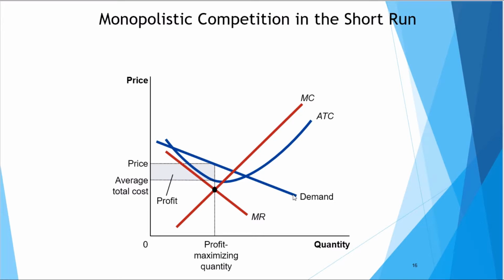Now, in our previous example of perfectly competitive market, the demand curve was the same as the marginal revenue curve, which is basically saying if you sell another unit, you're going to make $6. Sell one more, you're going to make another $6. But in this case, it's different. So if you sell another unit, you're going to make a certain amount of money.